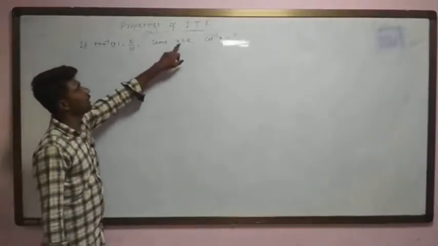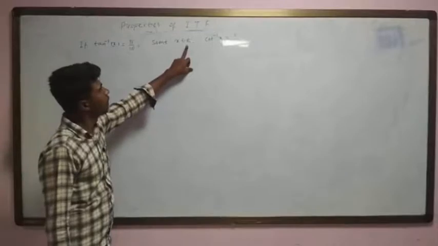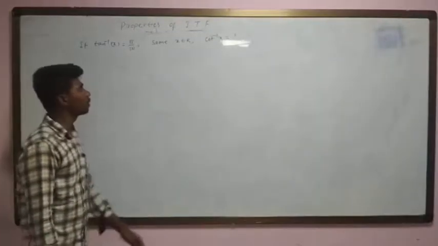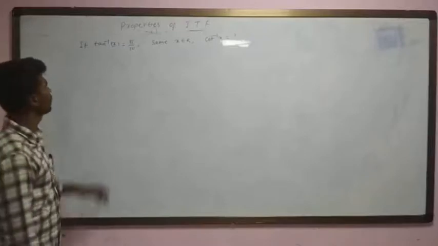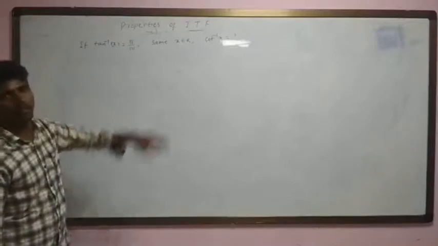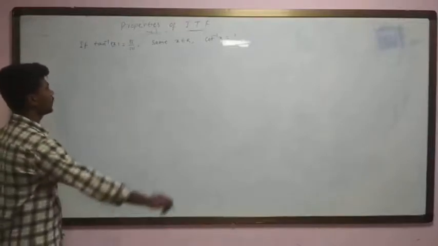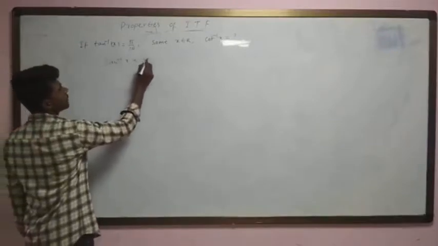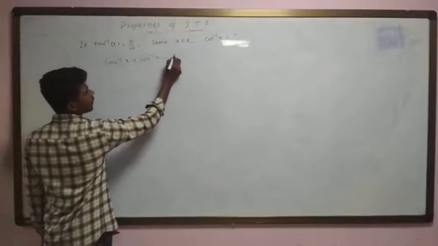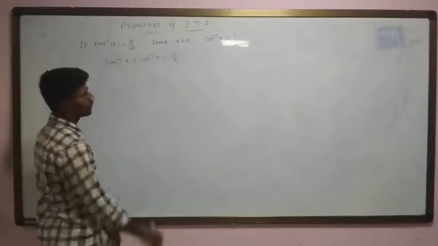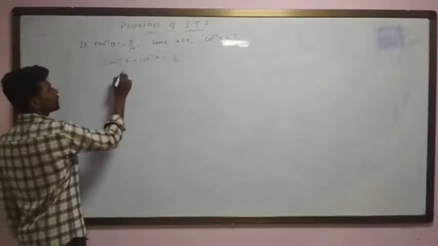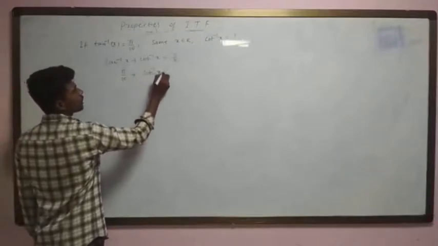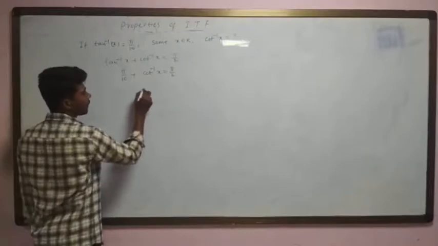Next: tan inverse x equals pi by 10 for some value x belonging to R. Find cot inverse x. We have a relation between tan inverse x and cot inverse x. I use that relation: tan inverse x plus cot inverse x equal to pi by 2. So I have tan inverse x as pi by 10. So pi by 10 plus cot inverse x equal to pi by 2.